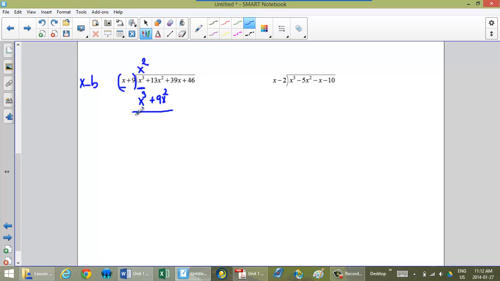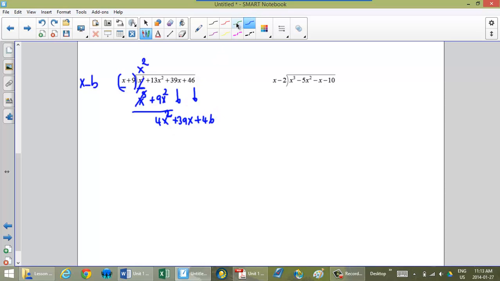What follows the multiplication step is a subtraction step. X cubed minus x cubed means we got rid of the cubes, and 13x squared minus 9x squared is 4x squared. Please remember to lower all the other terms from the original polynomial, so plus 39x plus 46.